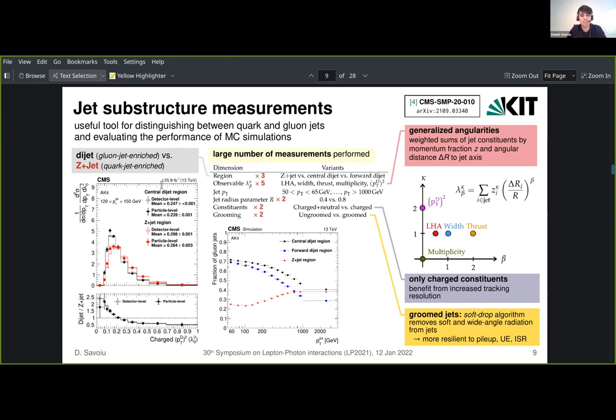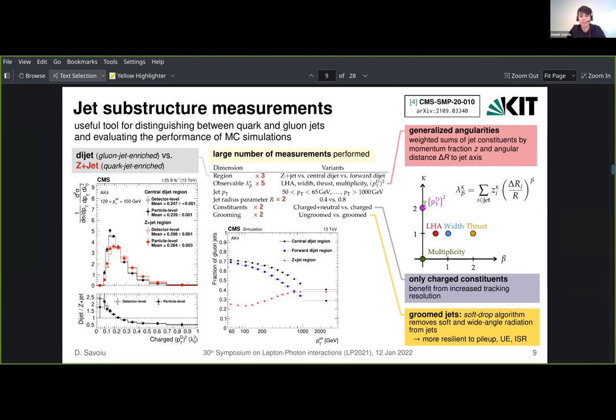So this is actually a very nice premise. And a large number of measurements was performed here, looking at very different things. The substructure variables themselves are quite varied. We're looking at generalized angularities, which are just combinations over the jet constituents of momentum fractions and distances from the jet axis with various powers to control the relative contribution of both.